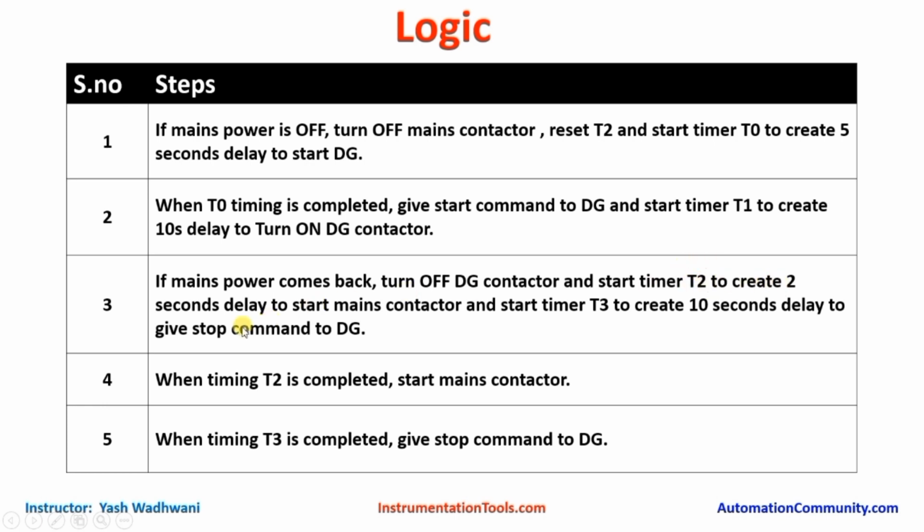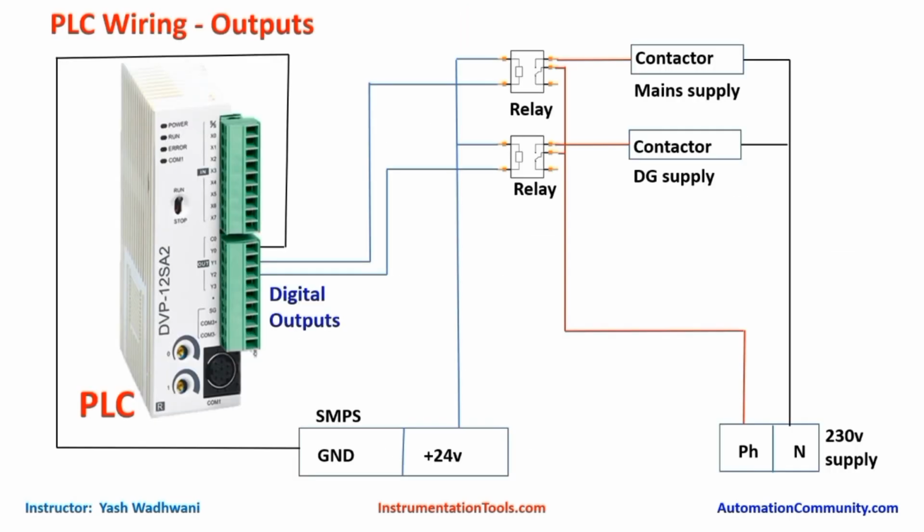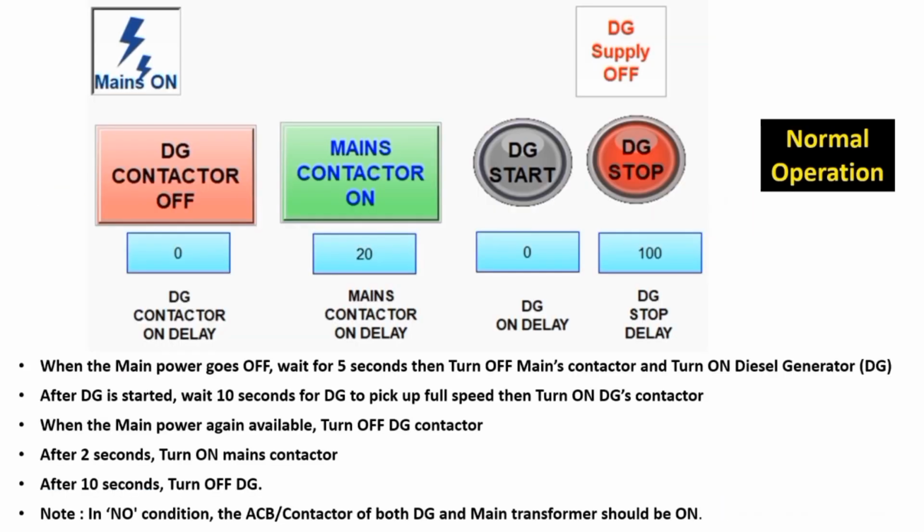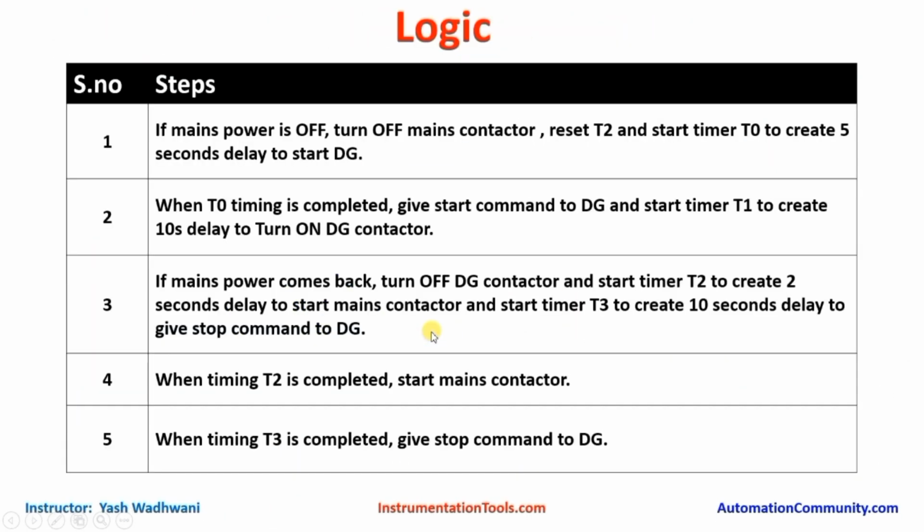We have used a 2 seconds delay because we don't change the contactor instantaneously, as discussed over here, at any instant both contactors should not be on. So that's why we have created a 2 seconds delay in changing over the contactor.